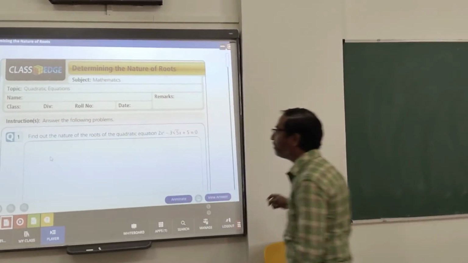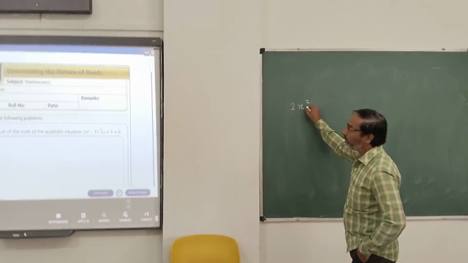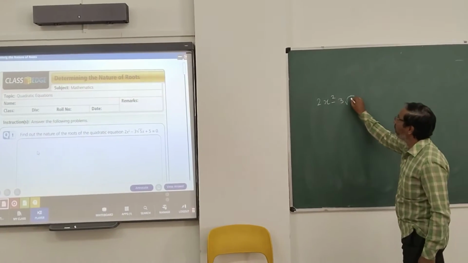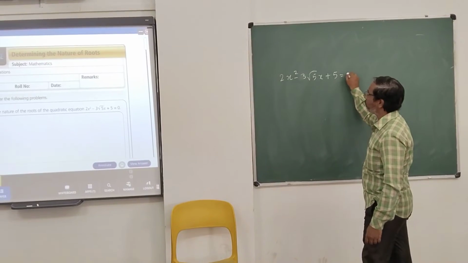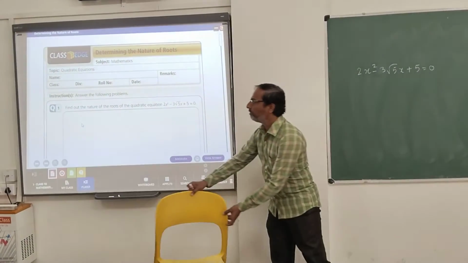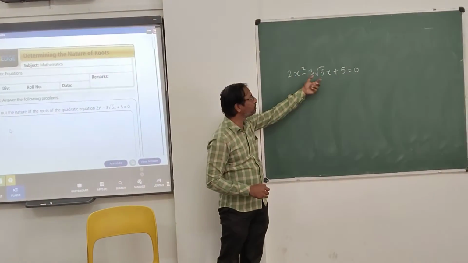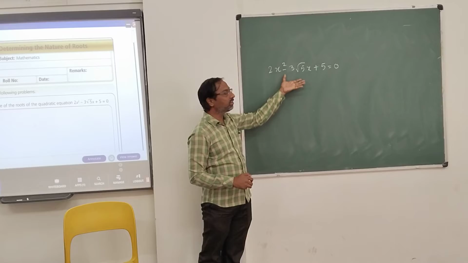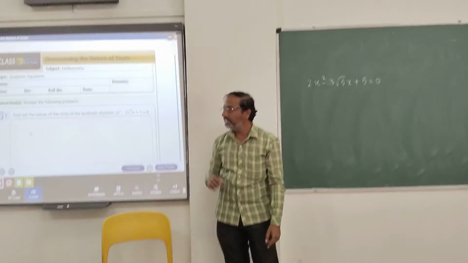So here the equation is 2x square minus 3 root 5 x plus 5 is equal to 0. Usually, whenever we are asked to solve quadratic equations, we can follow splitting the middle term or the formula method. But here the question is regarding finding the nature of the roots.